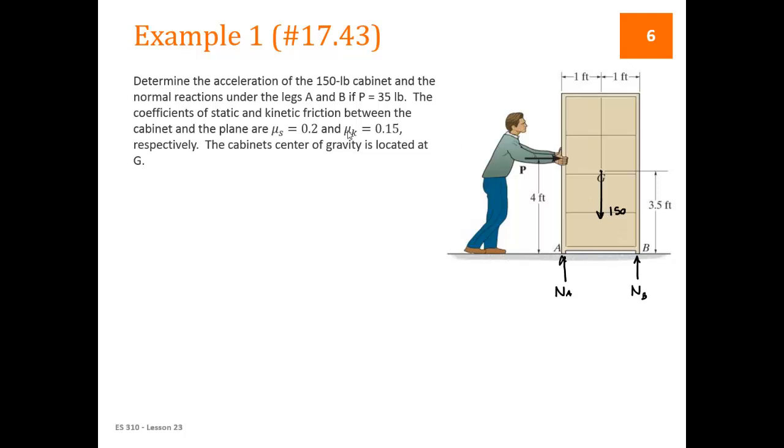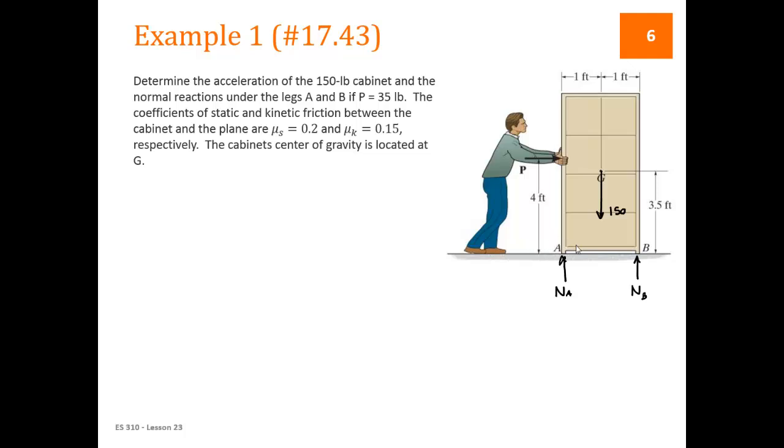There are two coefficients of friction that they give us. The coefficient of static friction is 0.2 and the coefficient of kinetic friction is 0.15. And we need to figure out what the acceleration of this cabinet is and the magnitudes of the two normal forces.